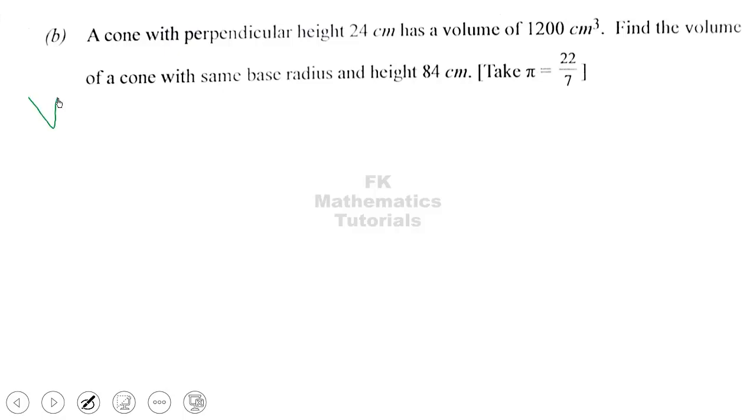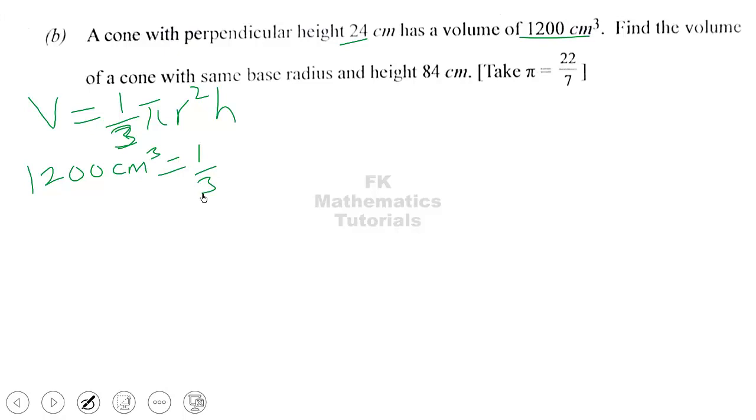So we know the volume of a cone is given by 1 over 3 pi r square h, where h is the perpendicular height, r is the radius, and v is the volume. So from the question, the height is 24, and the volume is 1200 centimeter cube. So 1200 is equal to 1/3 times 22 over 7 times r square times 24.